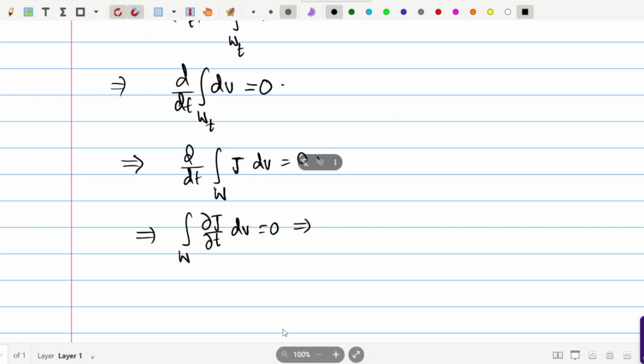Something which we proved: ∂J/∂t is J times del dot U, the divergence, right? So that is over fixed Ω, J times del dot U, where U is evaluated at φ(x,t).